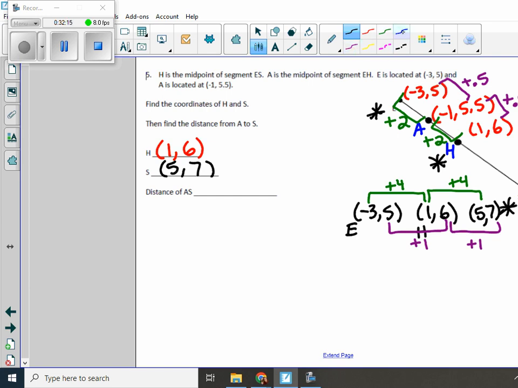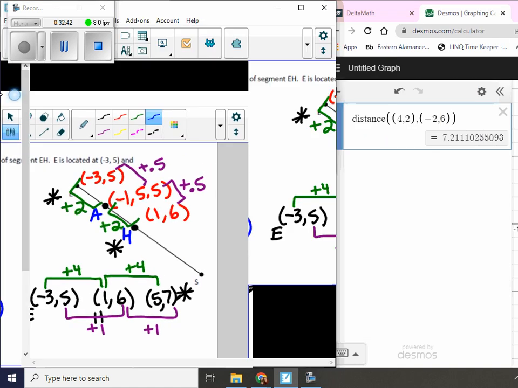Now what does it ask you to do? Distance between where? A and S. So what 2 ordered pairs are we using in our distance formula? What's A? Yeah, the negative 1, 5.5. And then what's S? 5, 7. Okay, put those in Desmos.